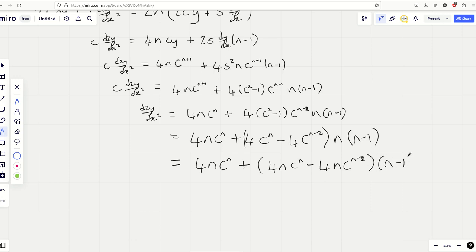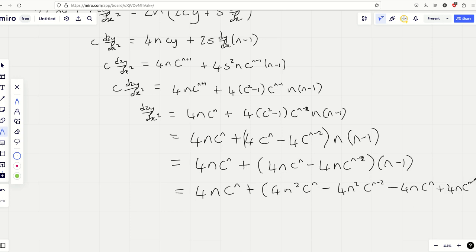Now I've just got to times it through by n minus 1, and this is where I'm going to get the 4n squared from, and why I'm going to lose a 4n when I times it through by n minus 1, because I'm going to end up with 4nc to the n plus, okay, let's times them both by n, 4n squared c to the n minus 4n squared c to the n minus 2, but then I'm minusing 4nc to the n, and I'm adding, sorry, 4nc to the n minus 2.